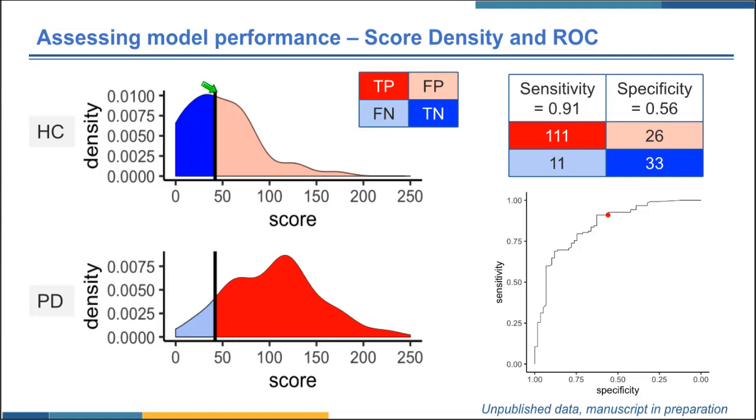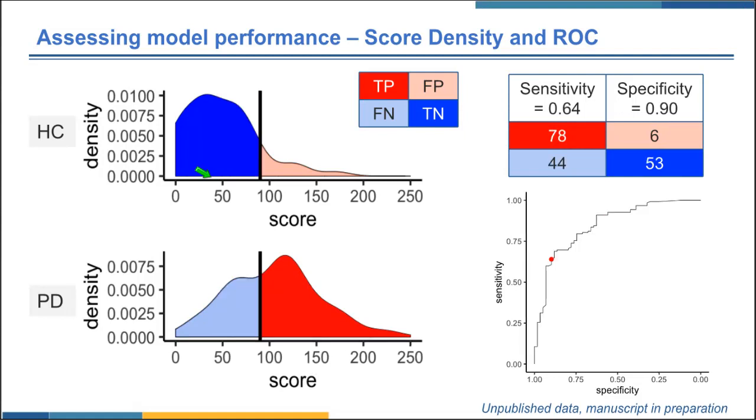So for this certain bar, we can see the number of people in each category, and we can calculate the sensitivity and specificity, and reflect on this curve. This bright dot here is the pair of specificity and sensitivity, corresponding to this threshold here.